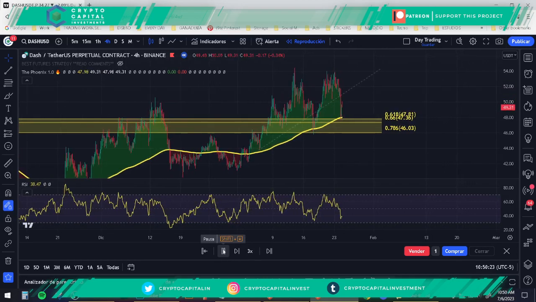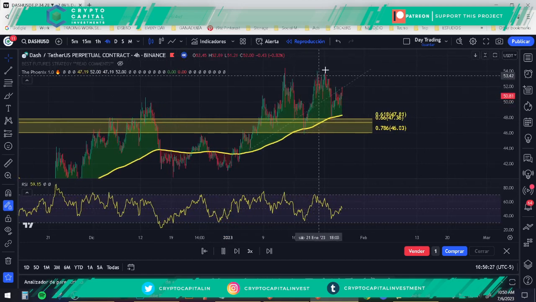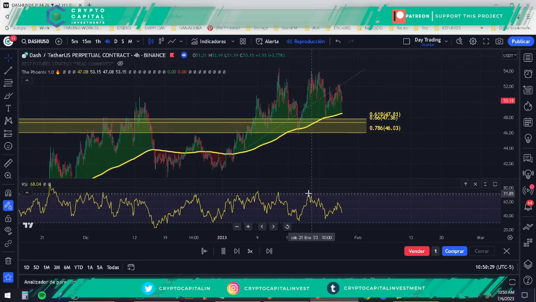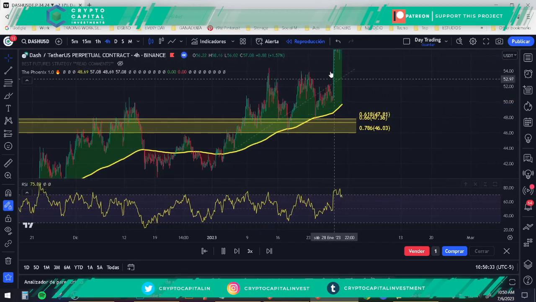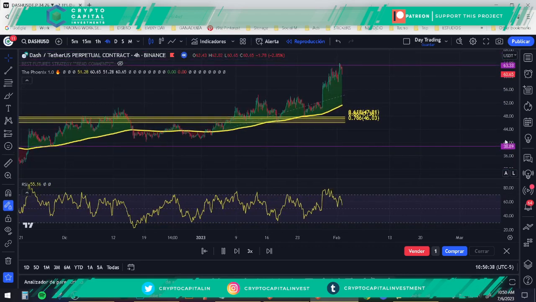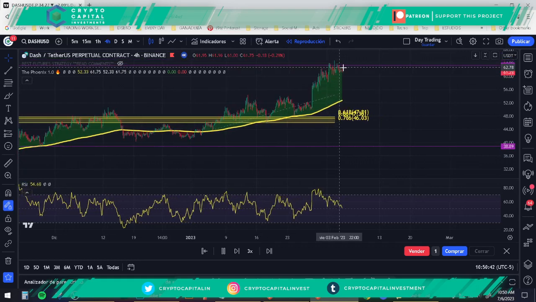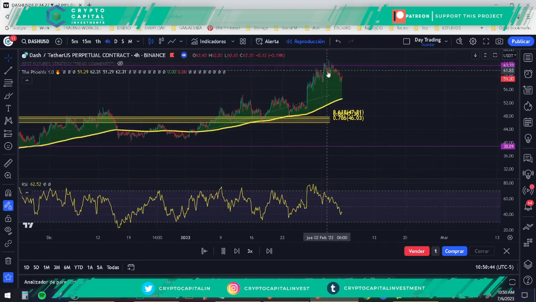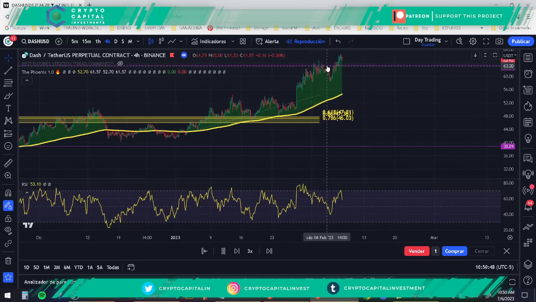That could have been a selling point here because it was making a divergence, but you're going to see it now, it got broken to the upside aggressively. Okay, here again another divergence. I think this one also got broken, as I remember, but you can see there's a huge support and resistance there, so you don't want to be there.